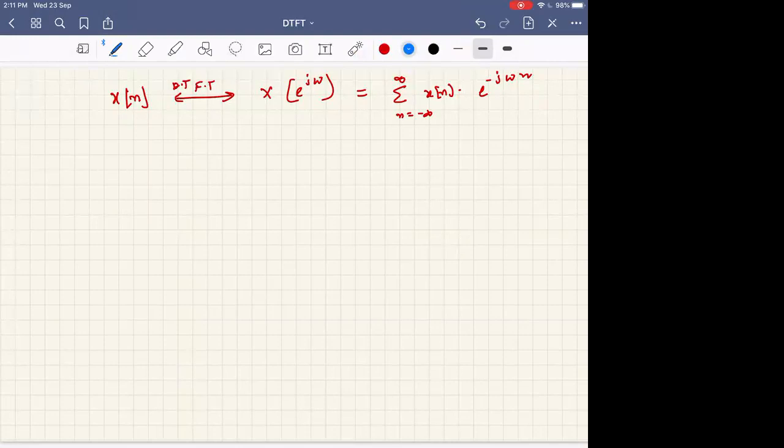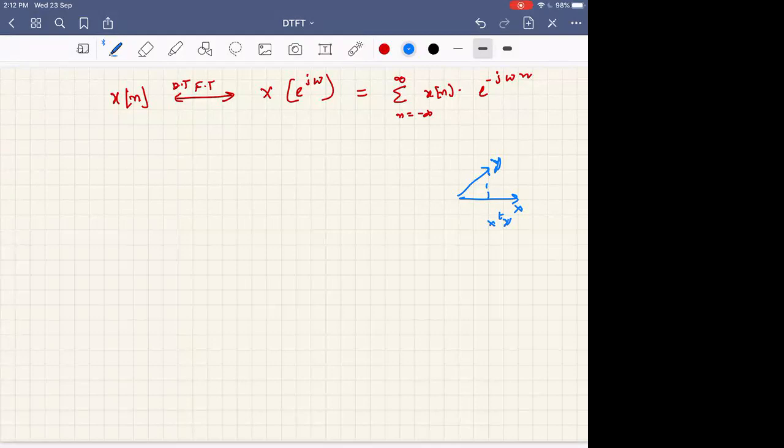Just like the correlation we see in vectors: if you have a vector x and a vector y, x transpose y gives us the similarity, obtained through correlation. This can also be considered as the projection of vector y on x, which also gives the similarity. Both are equivalent terms.